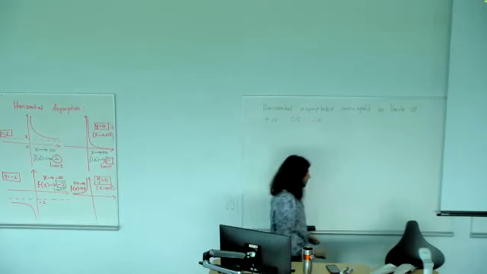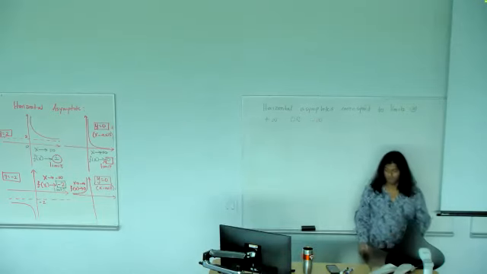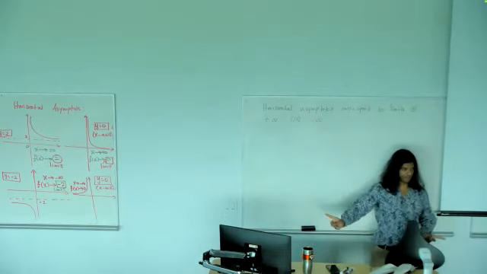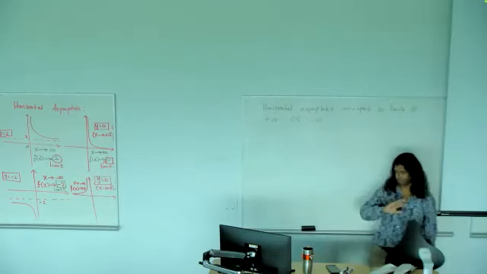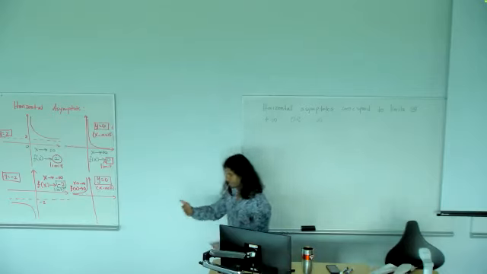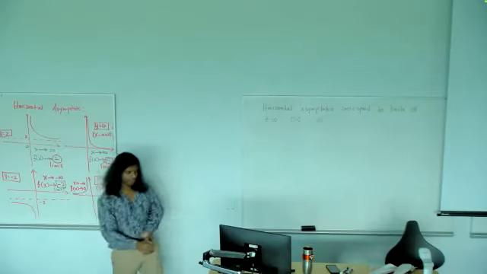Could you have a horizontal asymptote in both directions? Absolutely, you could have it in both directions. When we use the calculator, you will see.